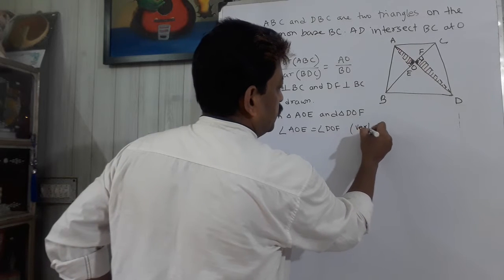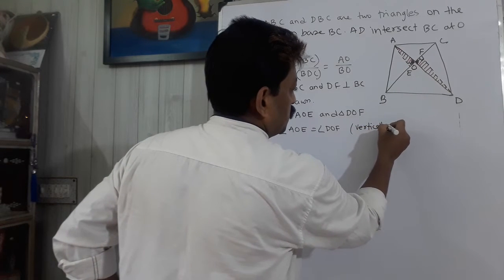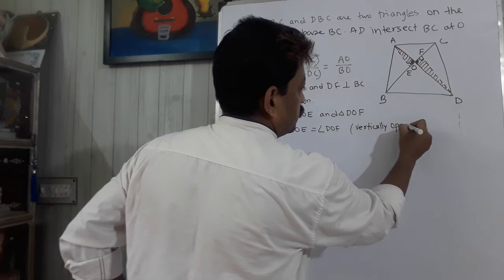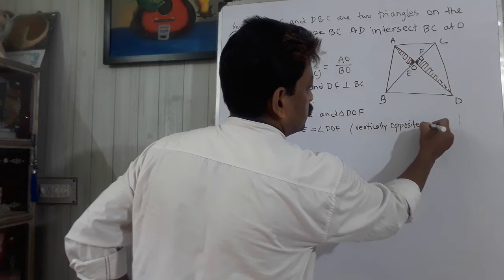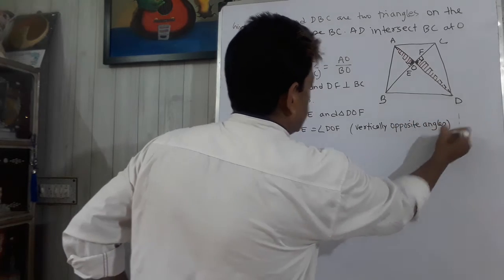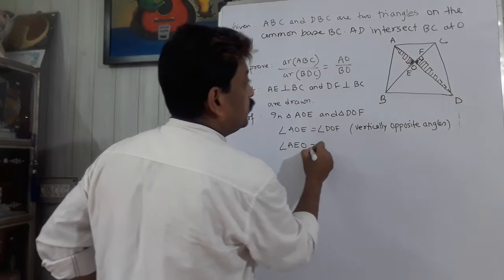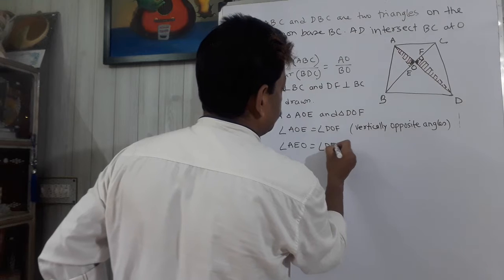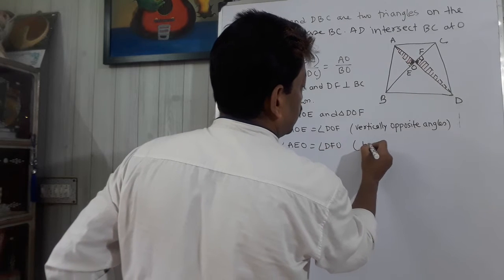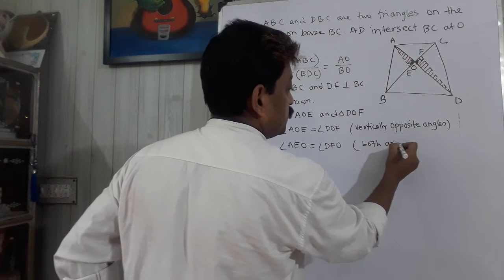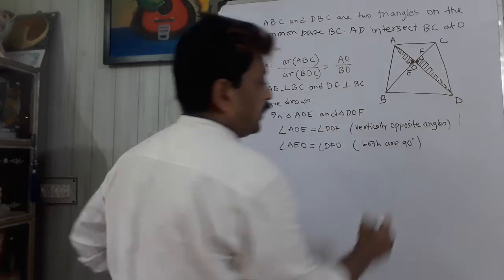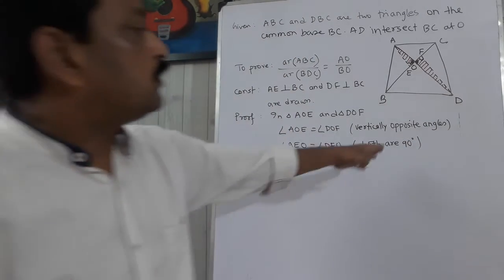And angle AEO equals angle DFO, both are right angles, both are equal to 90 degrees.